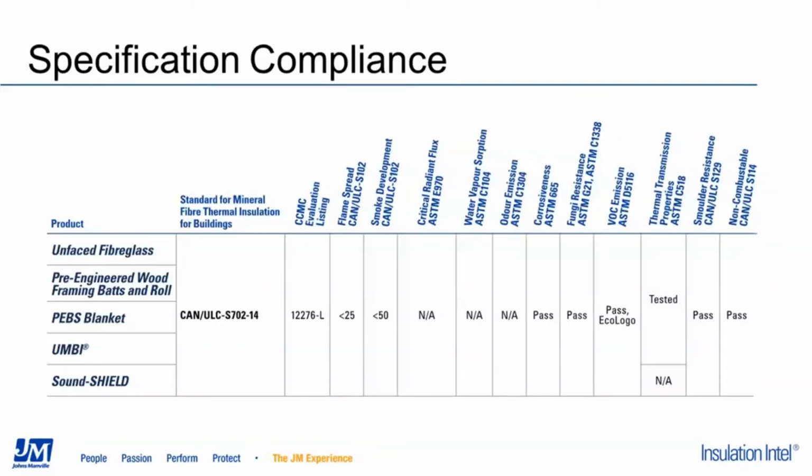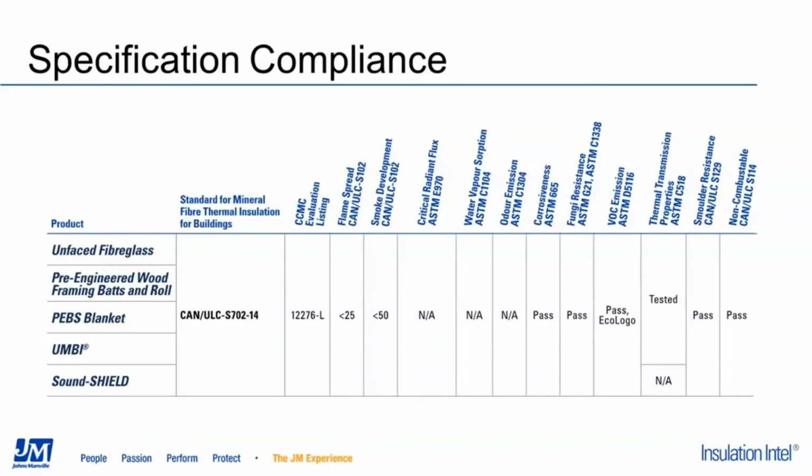From a spec compliance perspective, there is a plethora of information on jm.com for each individual product line, so I won't bore you with the details of that, but generally speaking, all of our products are designed to comply with the appropriate specifications for their applications.